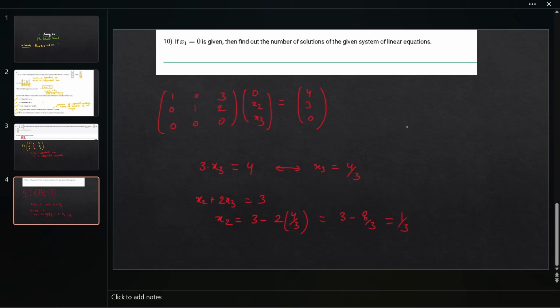So the value of x3 is equal to 4 by 3, and the value of x2 is equal to 1 by 3, given the value of x1 is equal to 0. So the number of solutions for the given system of equations is 1. There is only one unique solution, which is 0, 1 by 3 and then 4 by 3. So this is the only element of the solution set.